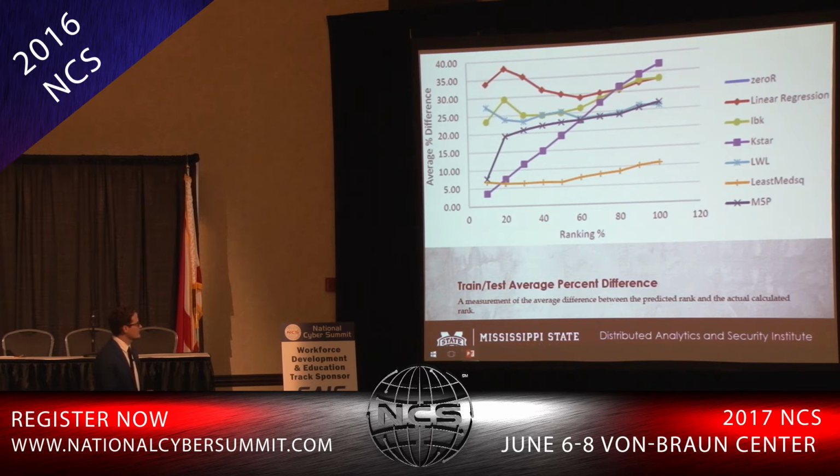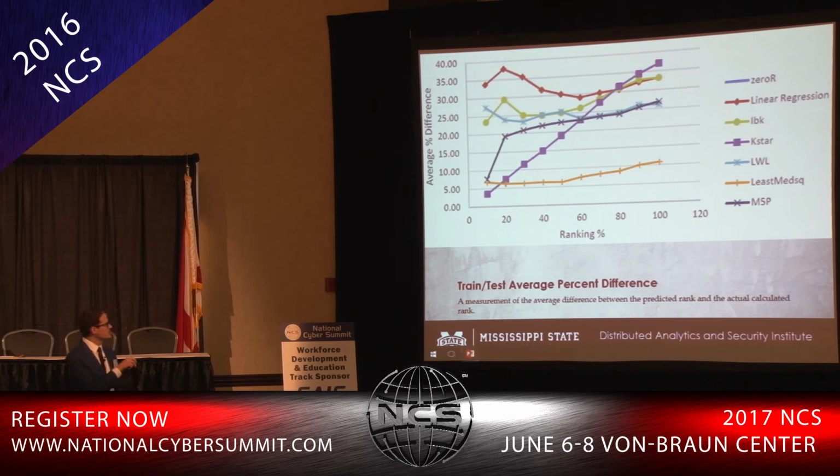Again, this is just another look at the first graph, instead looking at percent difference. On average, how far off were the rankings from where they actually were based on the fault injection? Again, we see least median squared coming out far ahead of the others, with an average error rate in the top 10 to 20% of somewhere around 7% off.